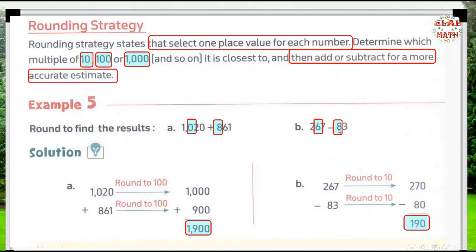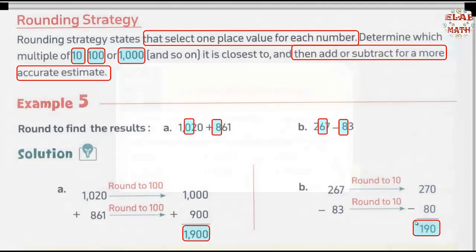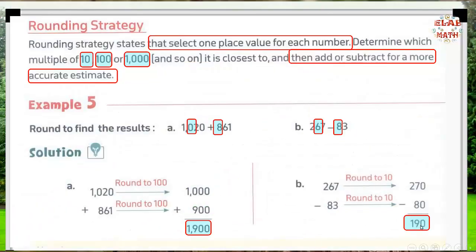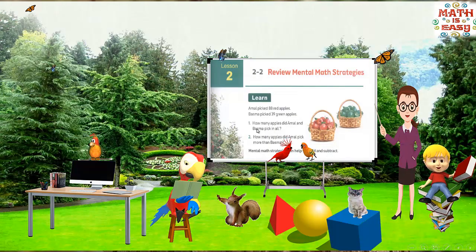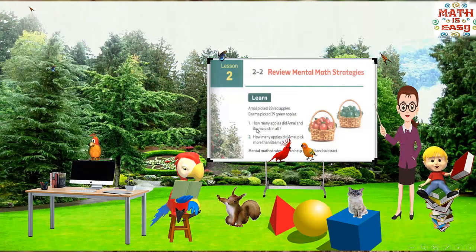In the second number, we have 3, which is less than 5, so write 8 without a change, 80. 0 minus 0 is 0. 7 minus 8, we can't do it, so take 1: 17 minus 8 equals 9, and 1 down. The answer is 190. Here I have finished explaining the 5 strategies, and I hope you understood well.